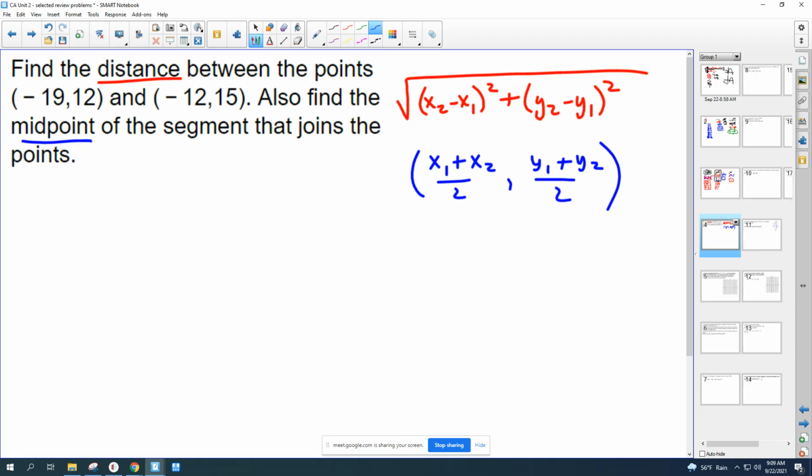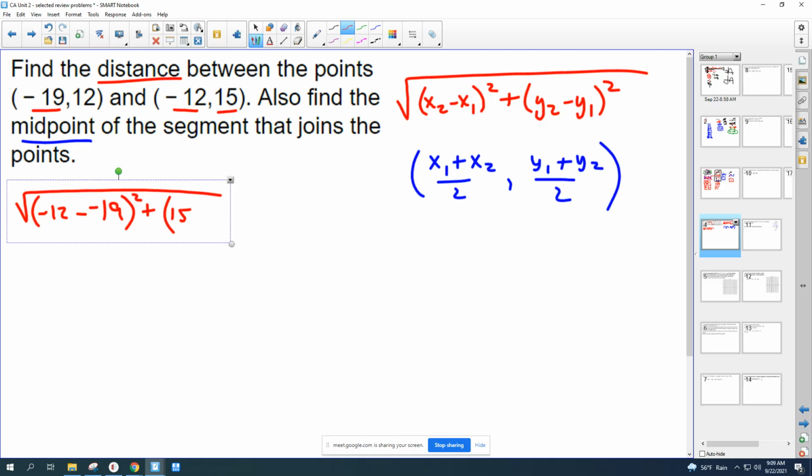I shouldn't need to give you those formulas because it kind of makes common sense. If I'm finding the distance between those 2 points, according to the formula, you say x2 minus x1. So we've got the square root of x2 minus x1 squared plus y2 minus y1 squared.